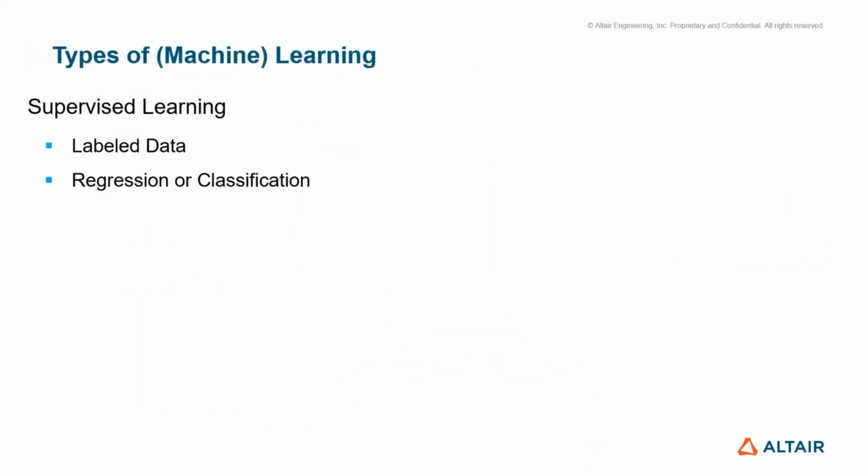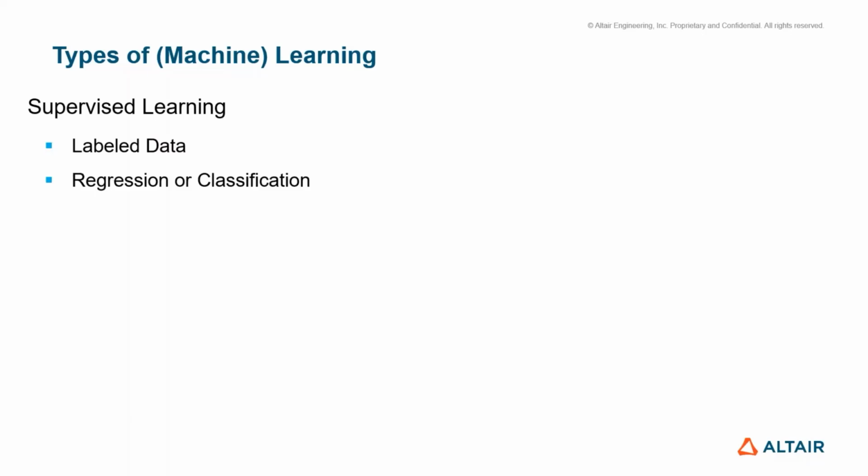Now I will come to the different types of machine learning models. As I said, a supervised learning model is one where the data is labeled, meaning the variable you want to predict is in your historical data. For example, to predict displacement, you have done many simulations, extracted the max displacement and put it in the data.